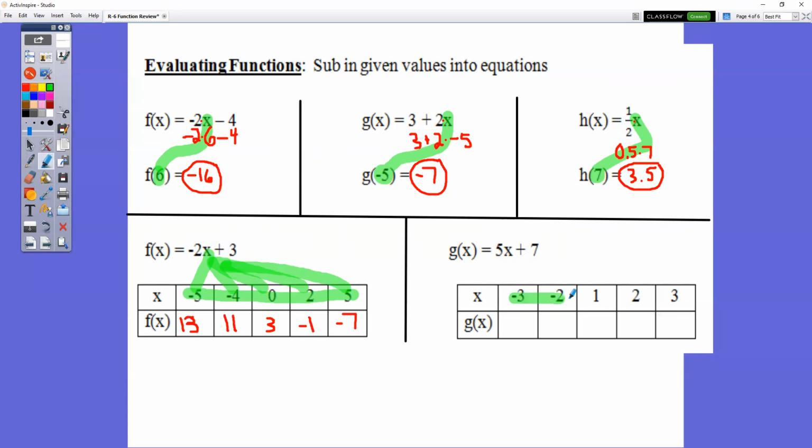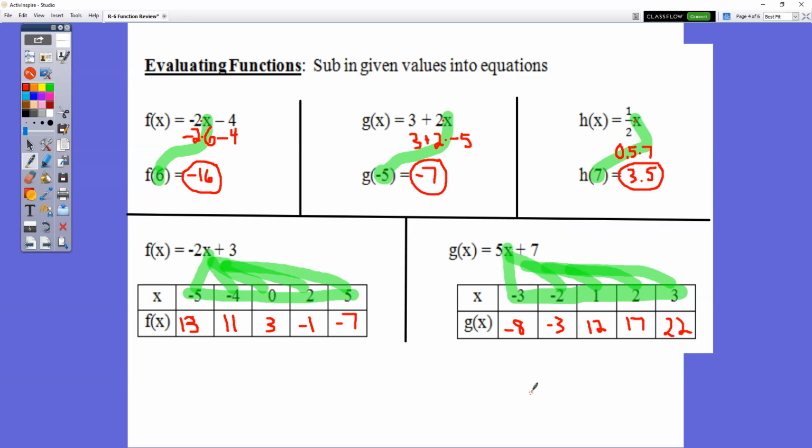In this one, again, we're going to take all 5 of these numbers and sub them in for X. So we have 5 times -3, which is -15, plus 7 is -8. 5 times -2 is -10, plus 7 is -3. 5 times 1 is 5, plus 7 is 12. 5 times 2 is 10, plus 7 is 17. 5 times 3 is 15, plus 7 is 22.